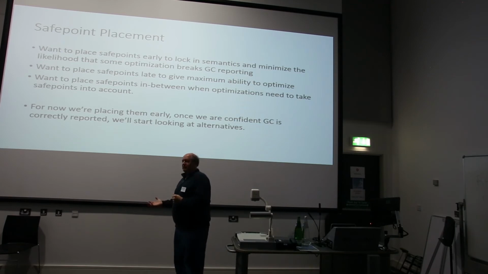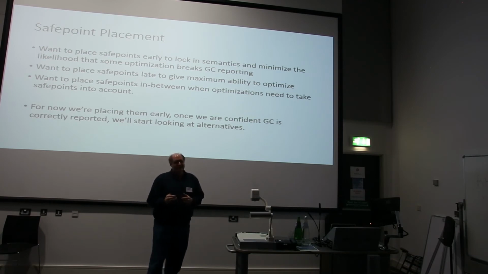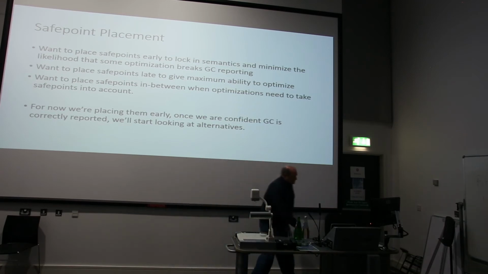But then there are some optimizations that sort of need to know that you're eventually going to put a safe point in there, so you'd like to have those happen kind of in between somewhere. So this is something we'll continue to work on, but for now we're just going to do early placement and try to get the code correct, and we'll worry about coming back to this as we sort of get smarter about things.